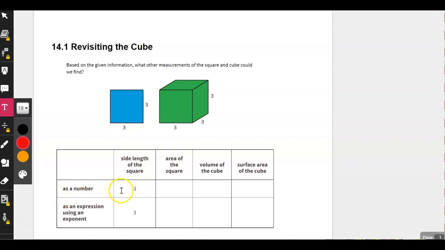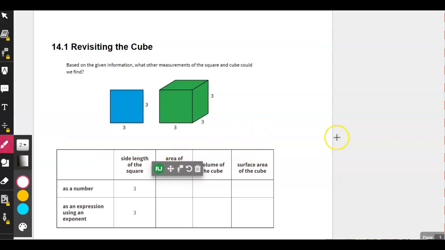In the first row of our table here, we're going to write it as a number. Remember, to find the area, we must multiply the base times the height on a square. So if our base is 3 and our height is 3, then our total is going to be what? Let's do this as writing.